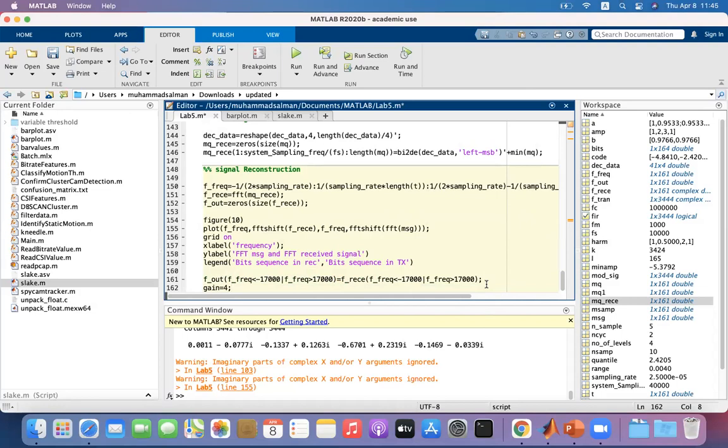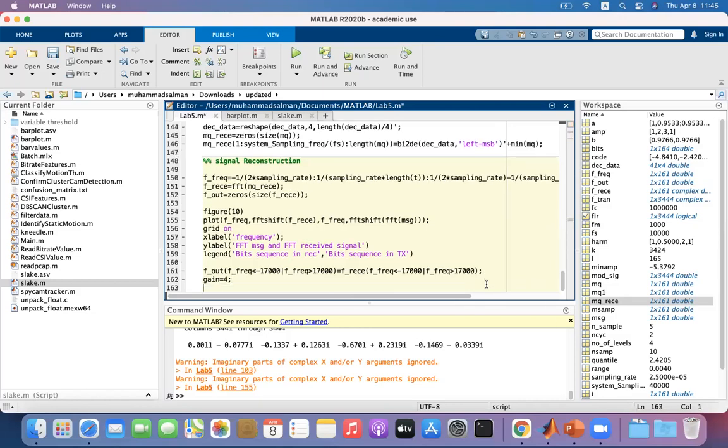This power amplifier will take my weak input signal and at the output increase it by 4 times. So I'm doing something like that. And I'm saying that out, let's say my other signal is out, is equal to, first I will take the FFT of this one, then IFFT, because I want to convert it into the time domain again.